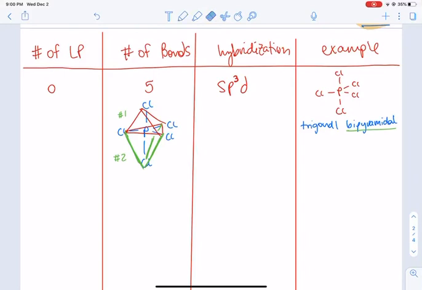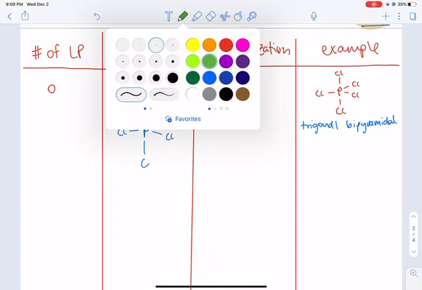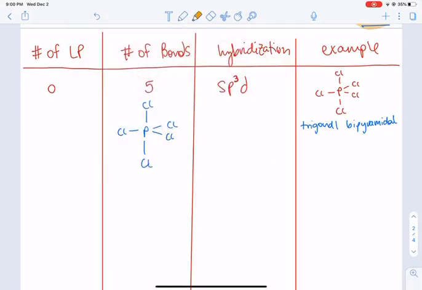Let's erase some of this stuff. The chlorines here, this guy and this guy, imagine they are all on the same plane. So we're going to draw a little triangle between them.